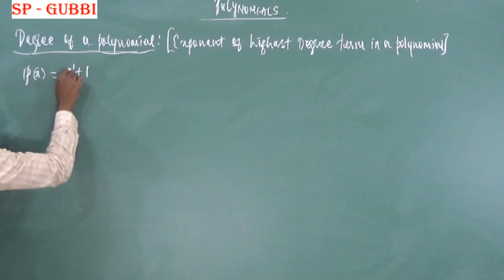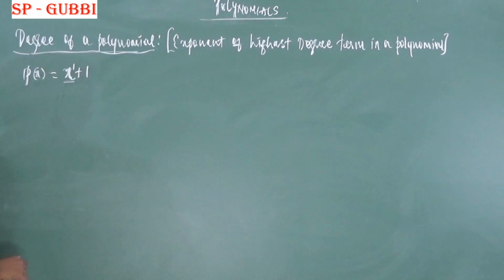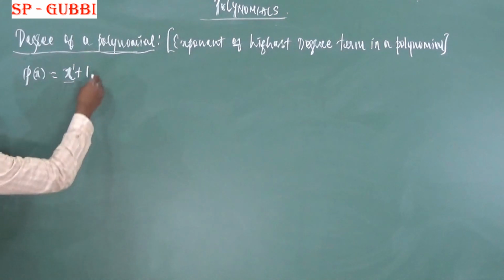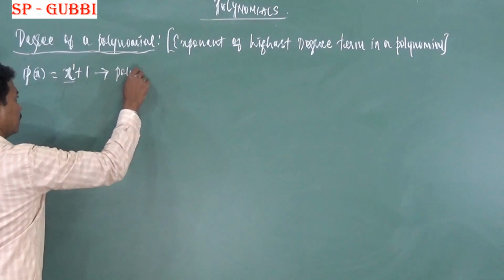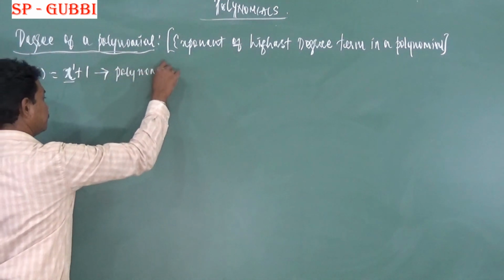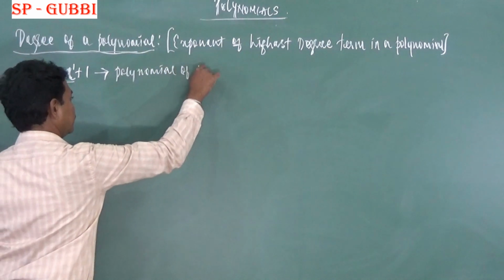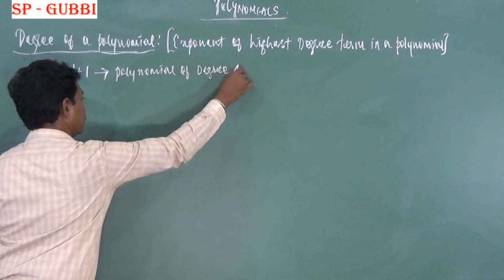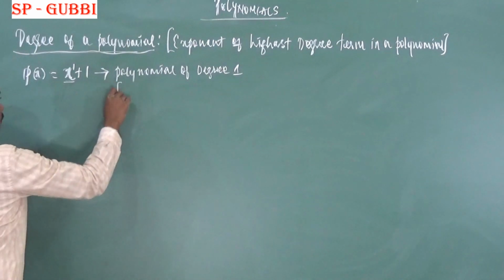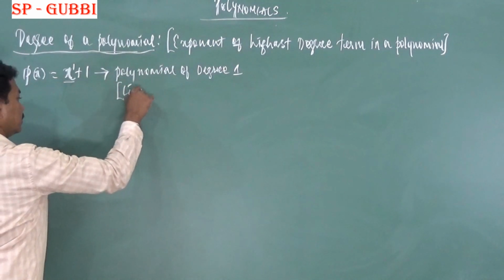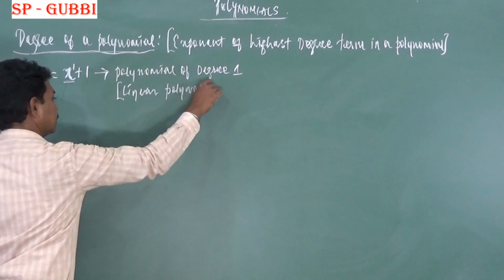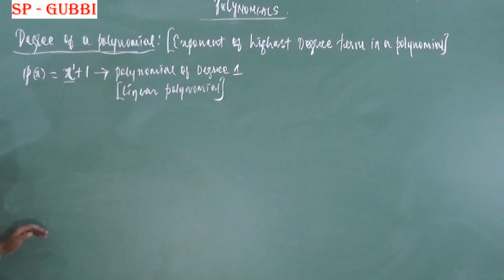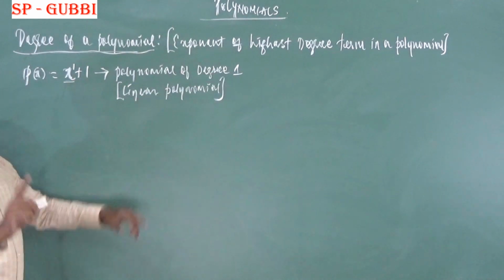Here in this example we have the exponent value as 1 of that variable, therefore it is called a polynomial of degree 1. A polynomial of degree 1 is also called a linear polynomial. So you have to remember this. So what is linear? Linear stands for 1.